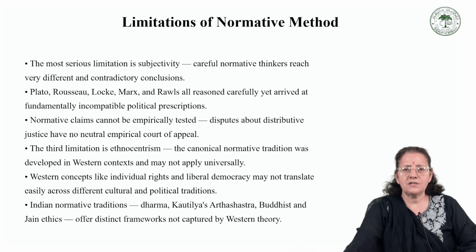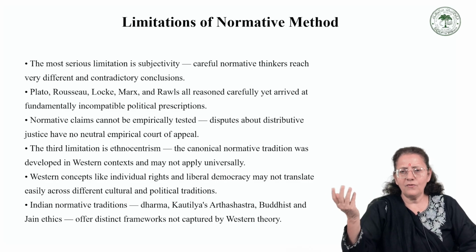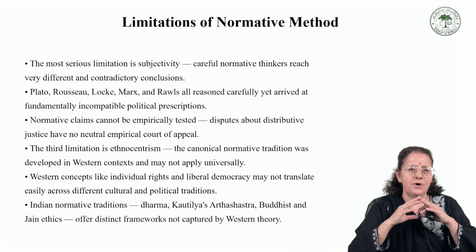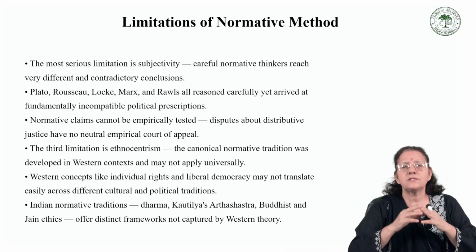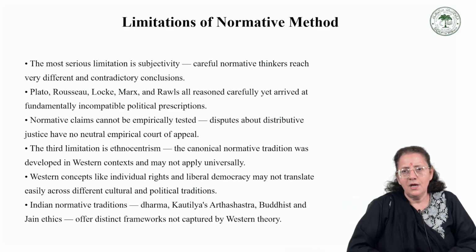Locke championed limited government and individual rights. Marx argued for a classless communist society. Rawls defended liberal egalitarianism. These disagreements suggest that normative reasoning, however careful, cannot achieve the kind of intersubjective agreement that scientific observation can achieve in principle.